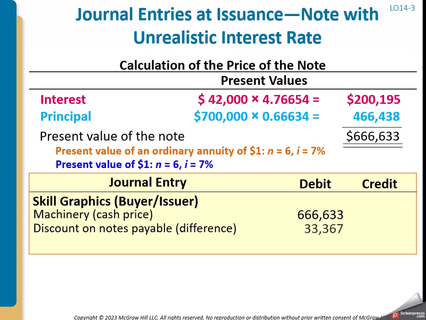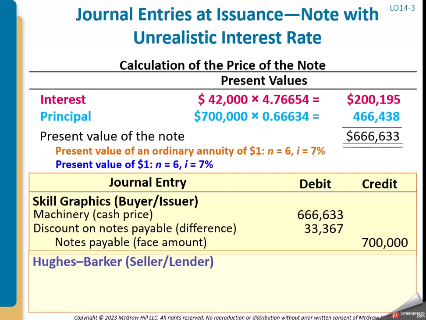So here we've got the recording of the notes payable, what we owe them back at the end, the value of the machinery at the cash price, and then we have a discount because the interest rates are really the 14% versus the 12% that we're paying.